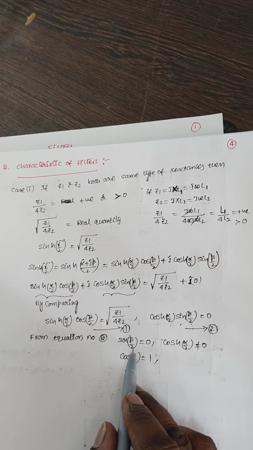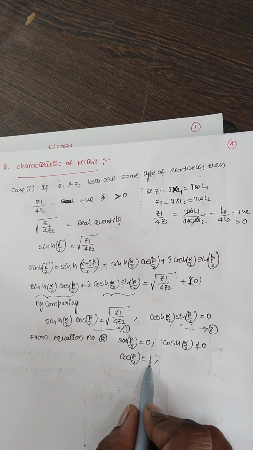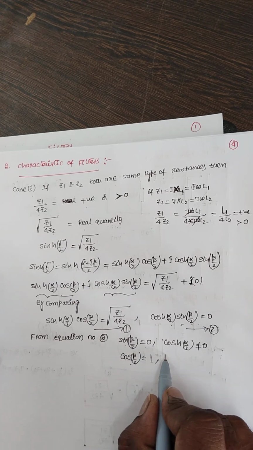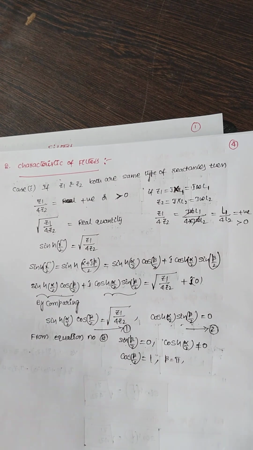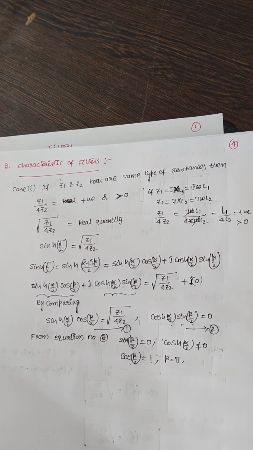If sin theta is equal to 0, cos theta is equal to 1. So cos beta by 2 is equal to 1. Then beta I can write as pi or 2 pi, 3 pi, like that. Normally it is represented as pi.